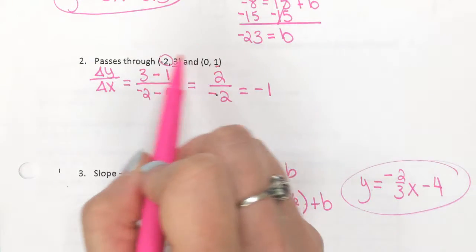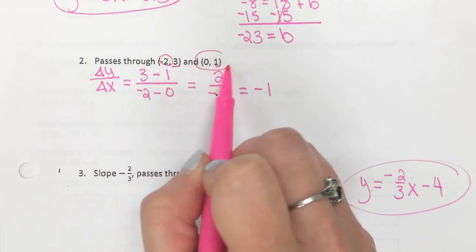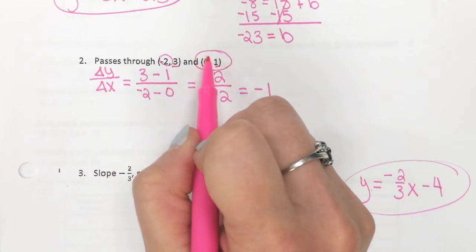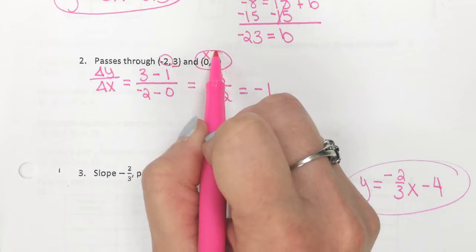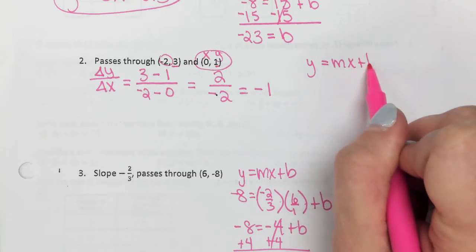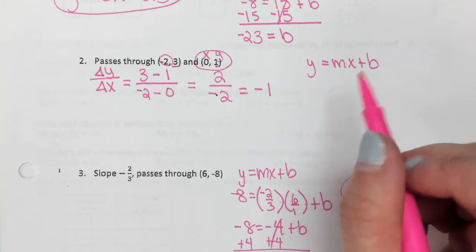All right, pick one. It does not matter. The easiest one's going to be this one, right? Because it's got a 0. So which one's my x here? 0. And my y? There you go. So let's plug it in. It's the same thing. You just got to do an extra step to find your slope first, okay? All right, here we go.